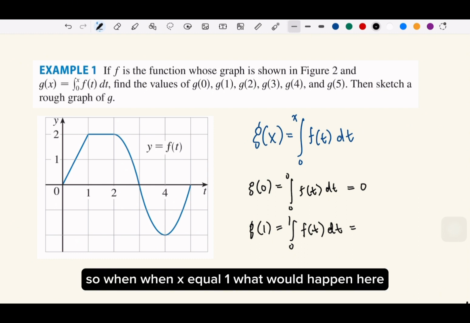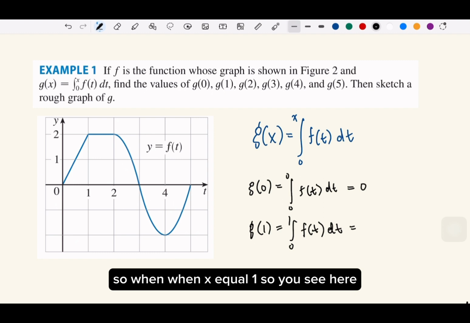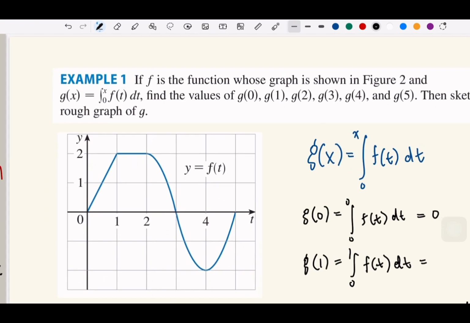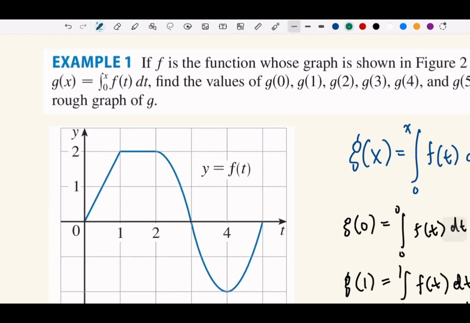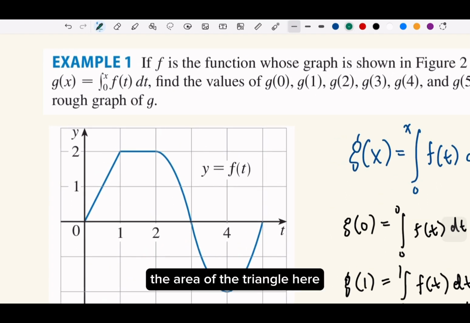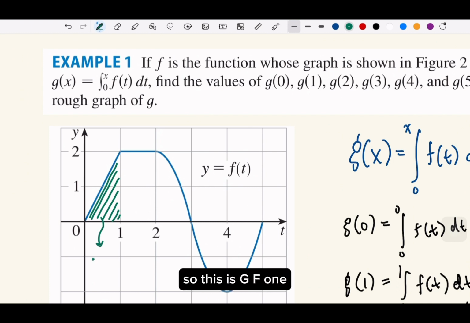So when x equals 1, what will happen here? You see here, this is the area of the triangle here. So this is g of 1.